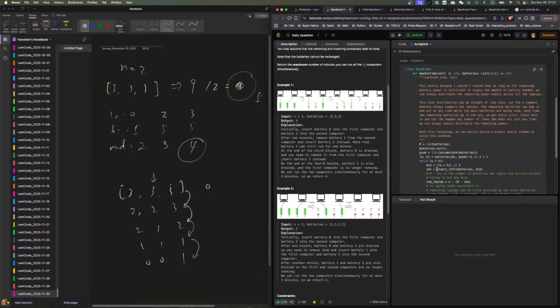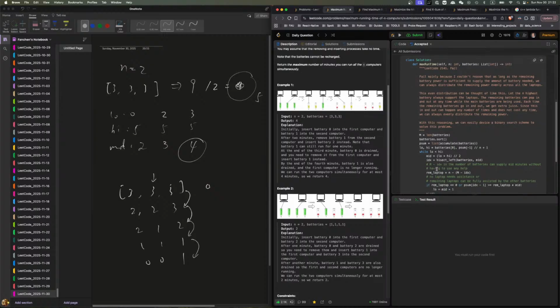That's how much we have, and we have the total and the remaining. And so you just add up the remaining power to see if it's larger than or equal to the demand. If it is, then it's possible.